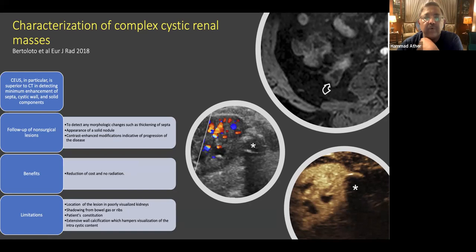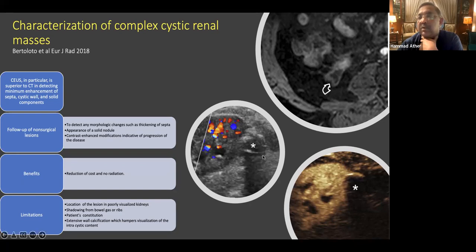Shadowing from bowel gas, ribs, the patient's body habitus, or wall calcification is one of the limitations of contrast-enhanced ultrasound. This is clarified in this MR image, that this is likely to be a cystic mass.